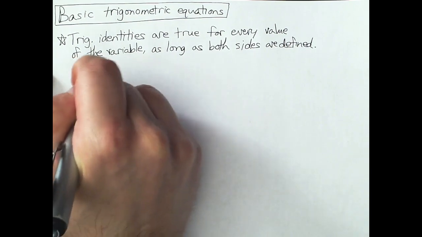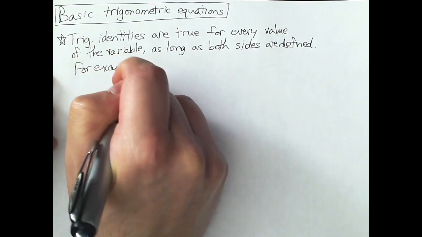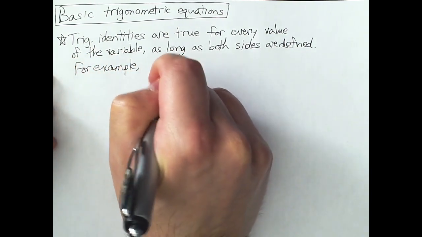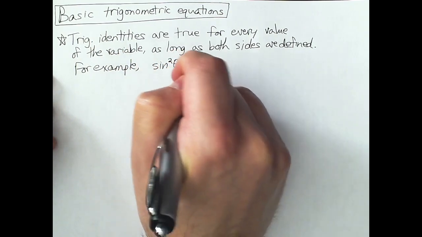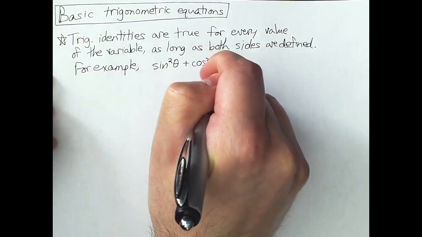For example, a good trig identity is sine squared of theta plus cosine squared of theta equals 1.